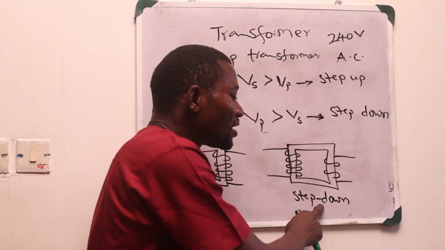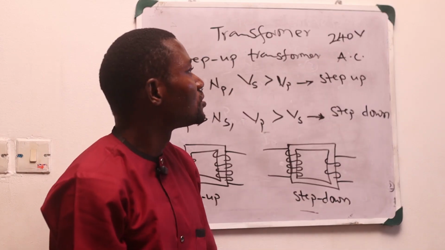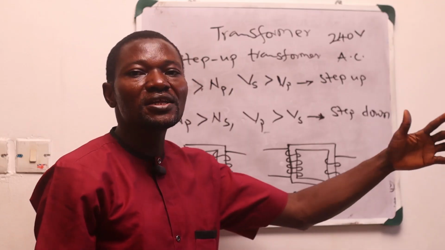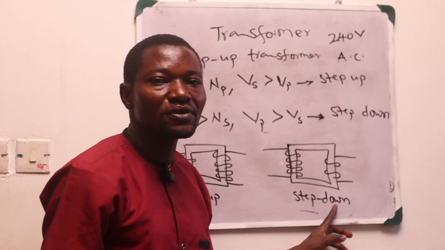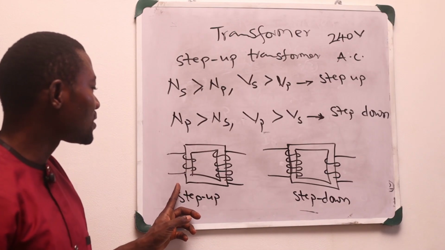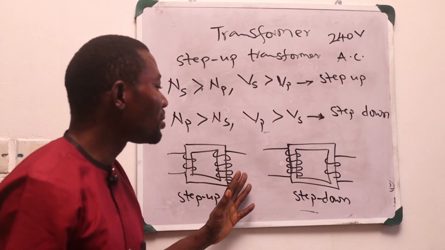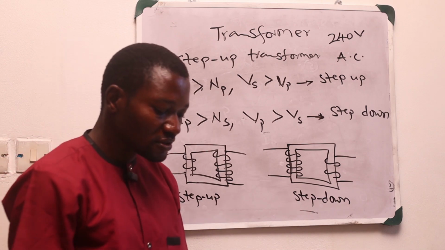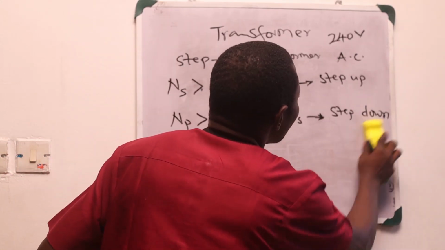Then we use a step-down transformer to reduce the voltage to the ones that we can use at home. So the transformers in our neighborhood are called step-down transformers, while the ones that we see along a power station are step-up transformers. We shall be using this equation as we make progress.